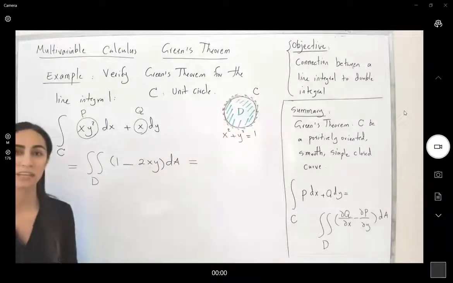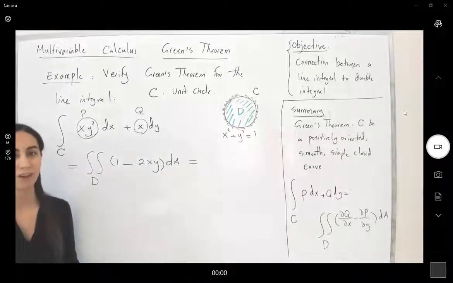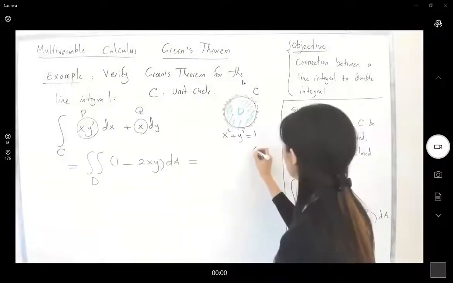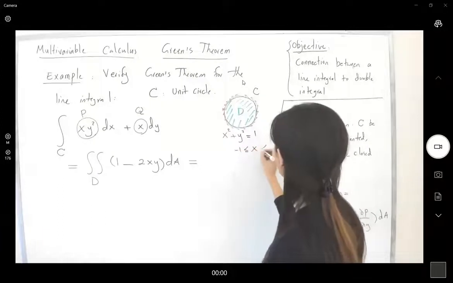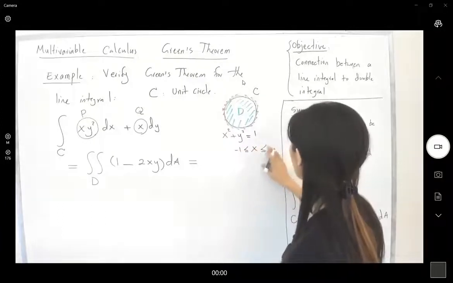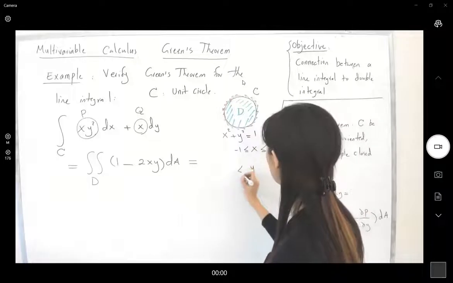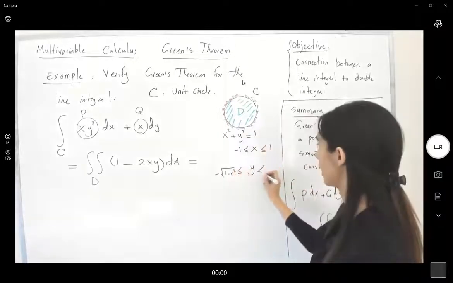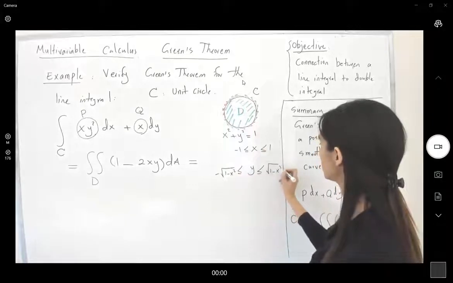x squared plus y squared is equal to 1. In polar coordinates, x is r cosine theta, y is r sine theta, and dA is r dr d theta. Your x is bounded between -1 and 1, and your y is bounded between minus square root of 1 minus x squared and positive square root of 1 minus x squared.